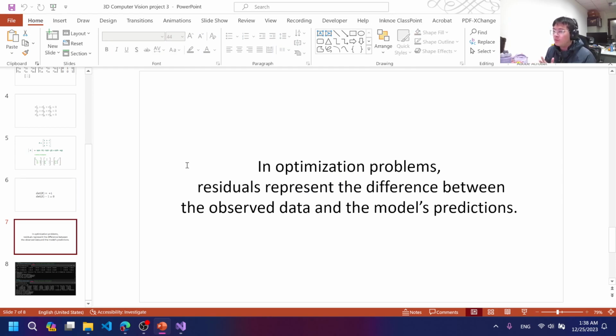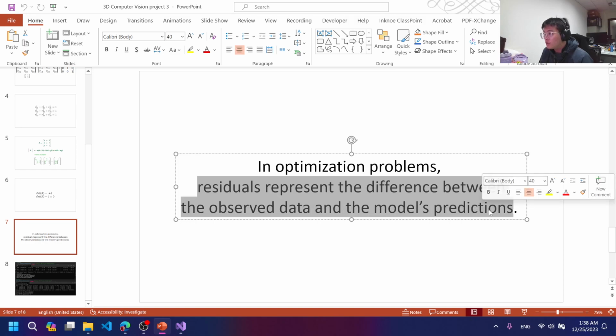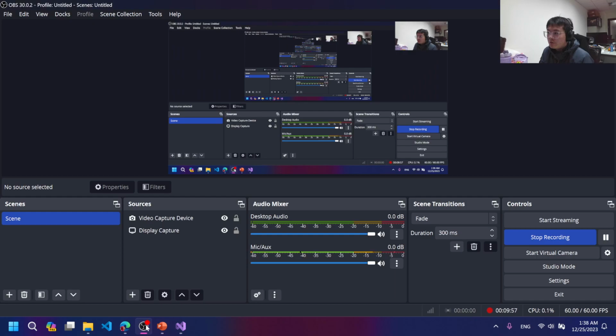So the main point of this program of using Ceres solver is that we are going to convert it into an optimization problem, so we can find the optimal rotation and translation so that we can match the 2 point sets, which is A and B. Residuals represent the difference between the observed data and the model's predictions. So that's the main point. We just want to make the residual as small as possible. So that's why we use Ceres solver.